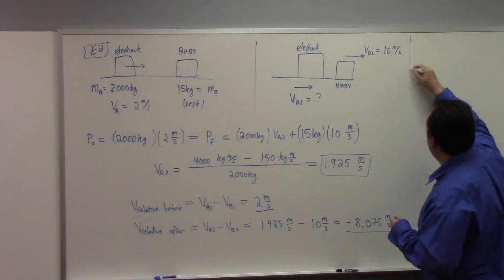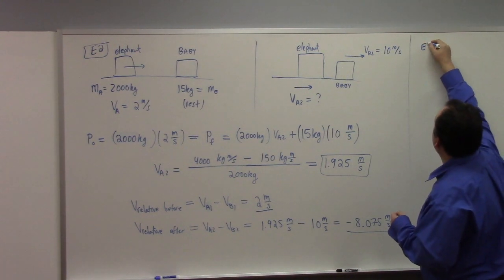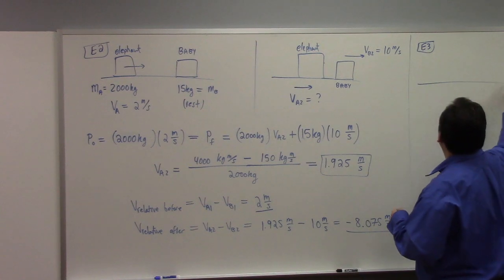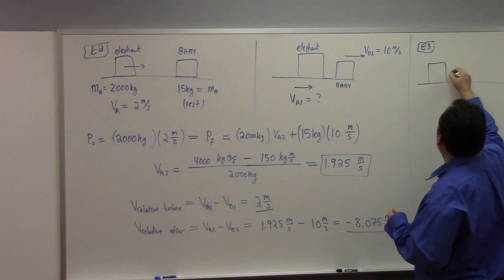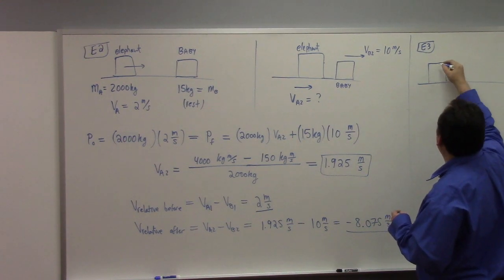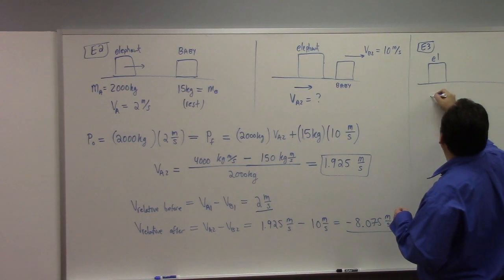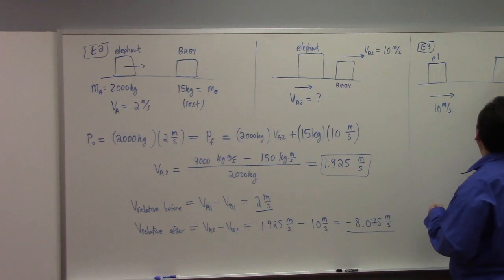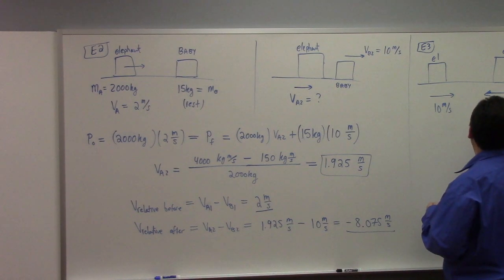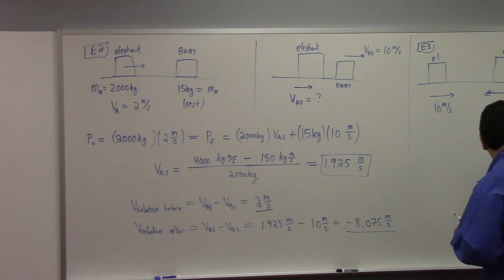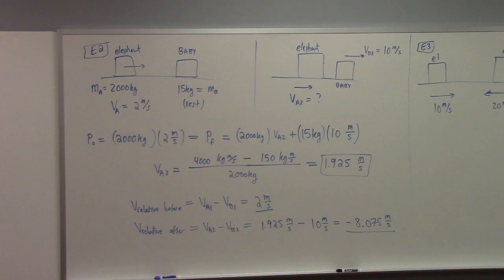Example 3. Suppose you've got elephant 1 going 10 meters per second this way. You've got elephant 2 going 20 meters per second that way. And let's suppose that they have equal mass for the sake of discussion.